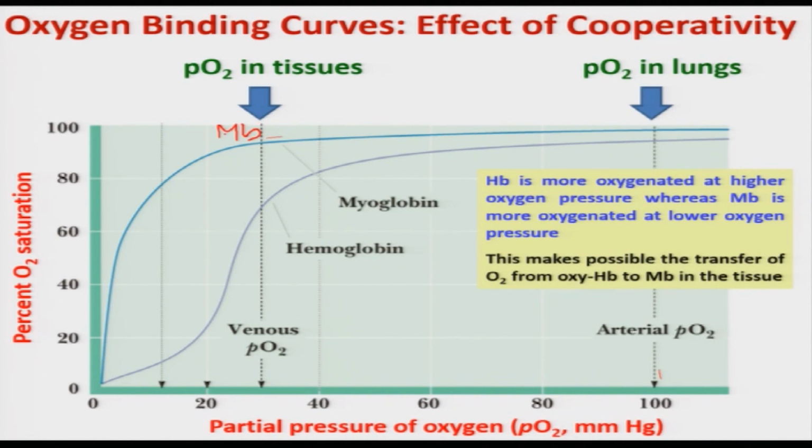This makes possible the transfer of dioxygen from oxyhemoglobin to myoglobin in the tissue. So, this is a clear reflection of cooperative binding of dioxygen in hemoglobin. However, this cooperativity is completely absent in myoglobin, as we have discussed in previous slides.